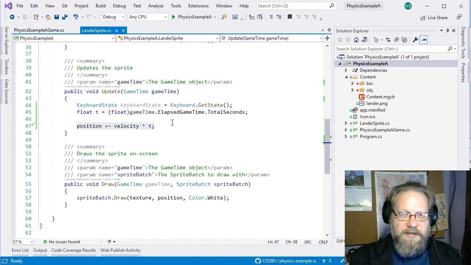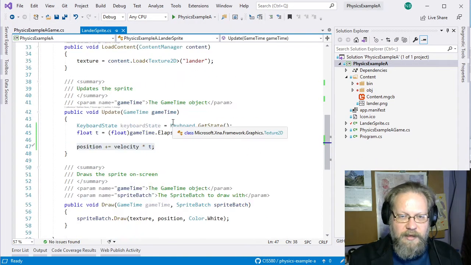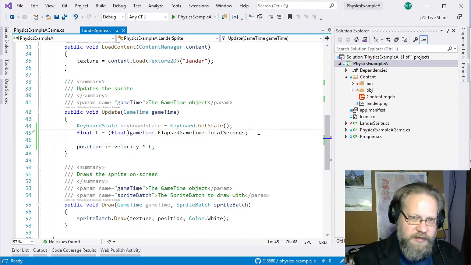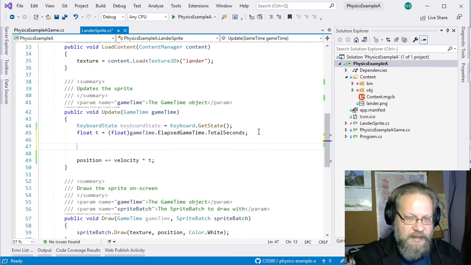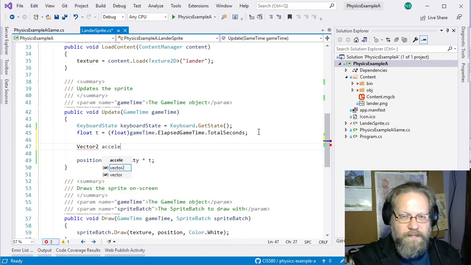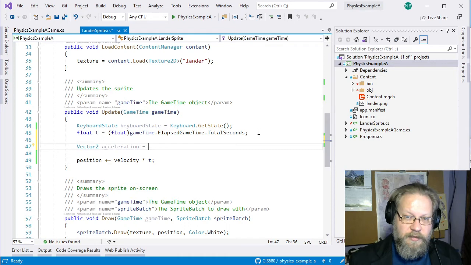Now let's talk about acceleration. So we have acceleration in this game because of gravity. Gravity is constantly pulling this lander down towards the lunar surface. So if we were to create an acceleration vector, we would add to that acceleration vector, or set that to be the vector pulling the ship down.